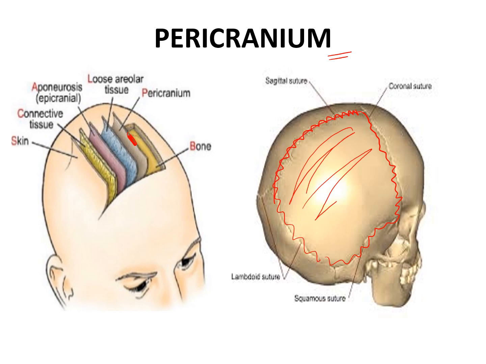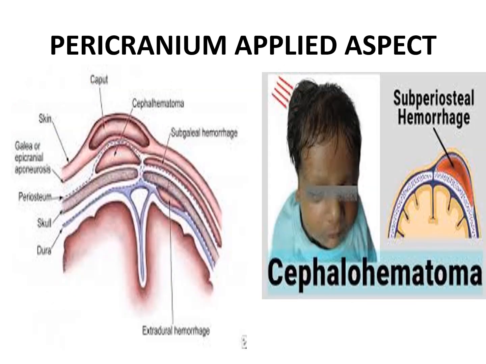The swelling will take the shape of the concerned bone. Now we will see a condition that is called cephalohematoma. As already discussed, any hemorrhage or blood collected beneath the pericranium will take the shape of the bone, and this is known as cephalohematoma.